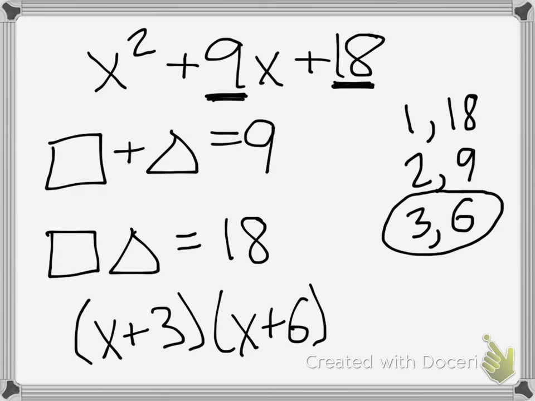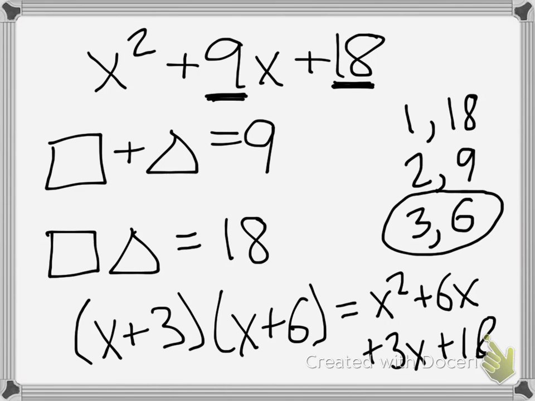Now, as soon as you have factored a polynomial, always multiply it out and make sure you get back where you were. This will help catch a lot of errors. If I multiply that out, I've got x squared plus 6x plus 3x plus 18. That is, in fact, x squared plus 9x plus 18, so I'm good.